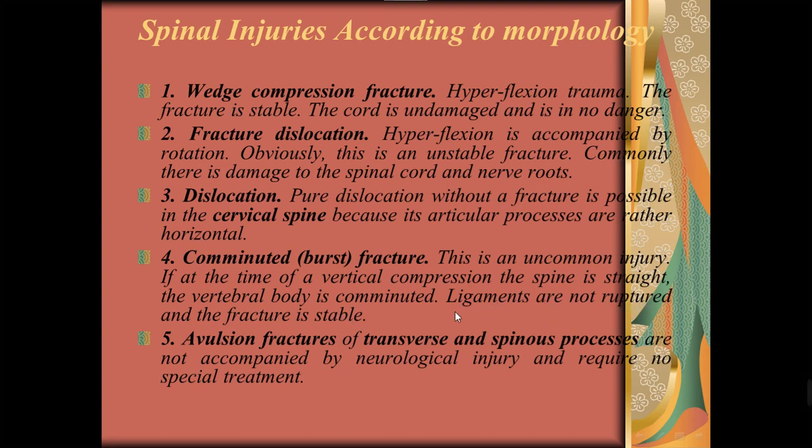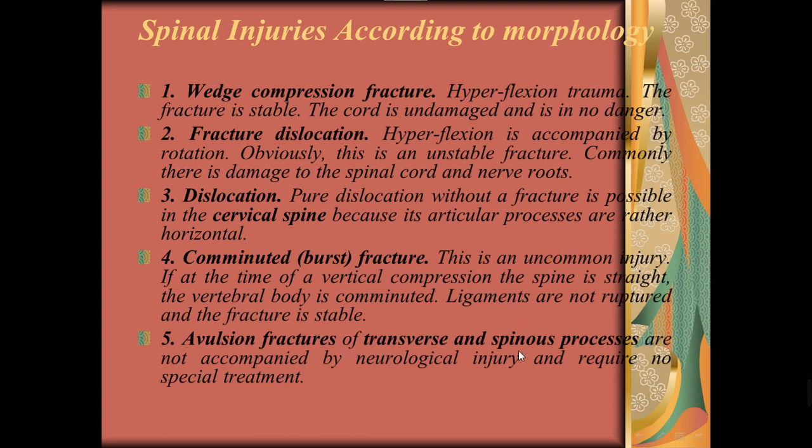I mean the compression is included inside, for example, the body only, and does not go back posteriorly. If bone pieces go back posteriorly and compress on the cord or dural sac, there will be injuries and the fracture will be unstable.